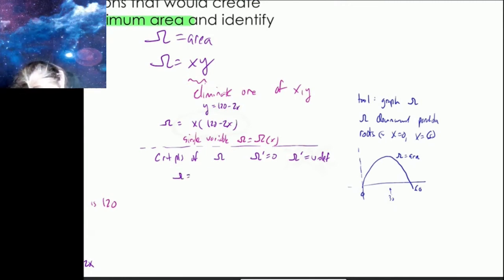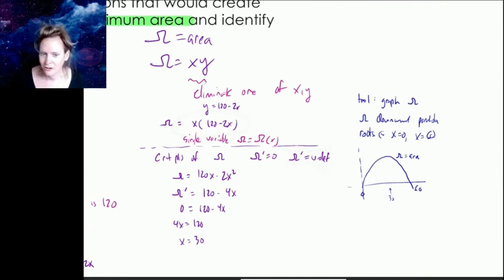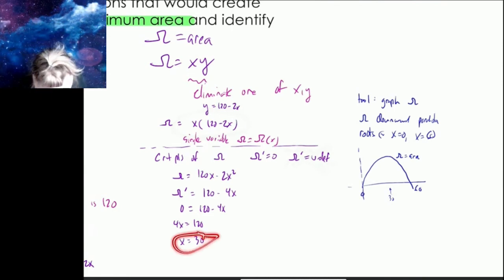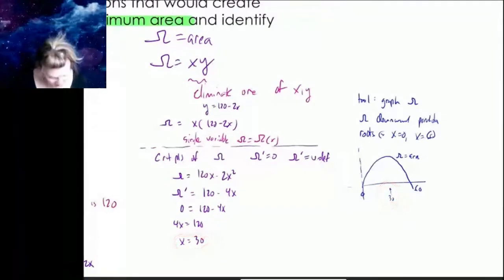So I'm going to start with omega equals 120x minus 2x squared. Then I'll take the derivative, omega prime equals 120 minus 4x. And then I'm going to set that equal to 0, which gives x equals 30. Oh, it checks out. 30, halfway between, because it was a parabola. If it was a cubic, it wouldn't be halfway between.